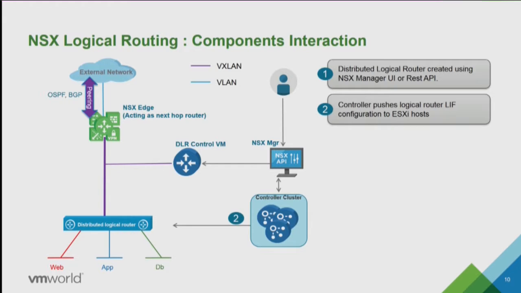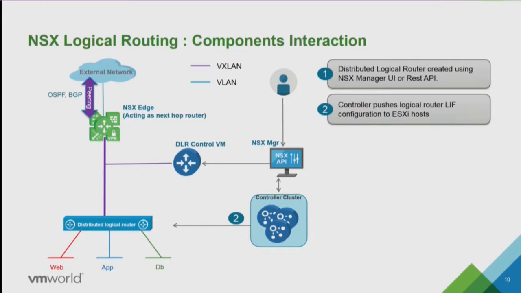And the controller will push on each and every one of your hypervisors the leaves, all the interfaces of your distributed logical router. We are using the controllers to do that and not the manager directly because that's the role of the controllers: to distribute this information and know where is which switch and on which hypervisor we have to push that.